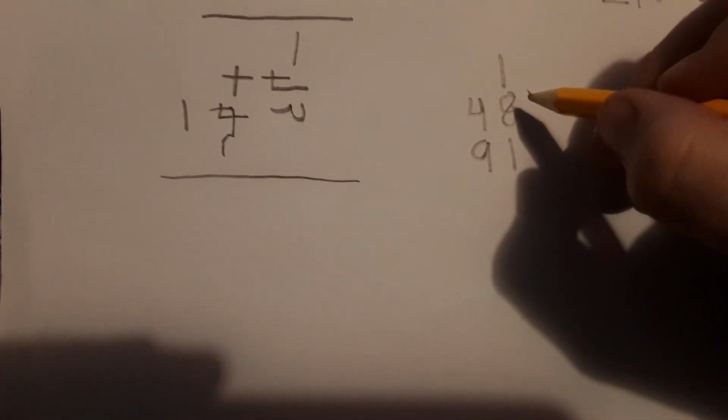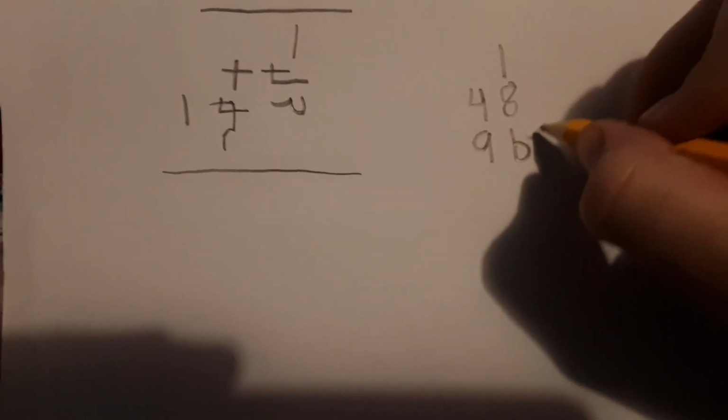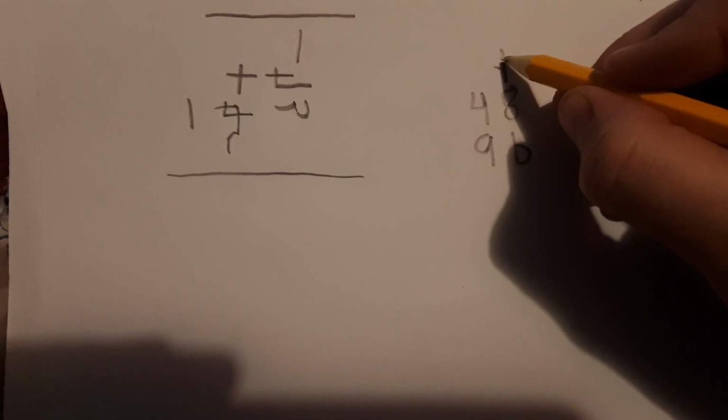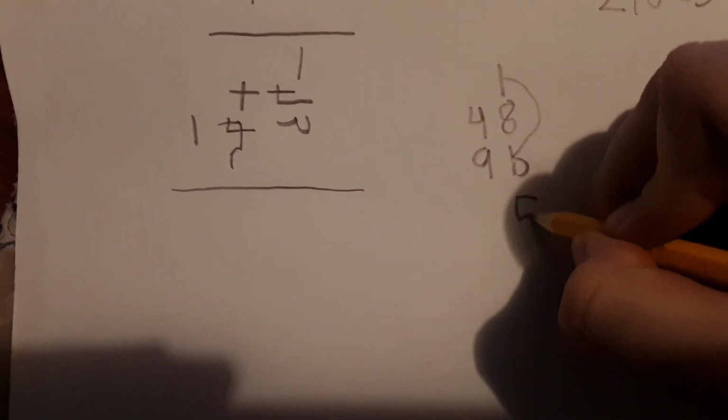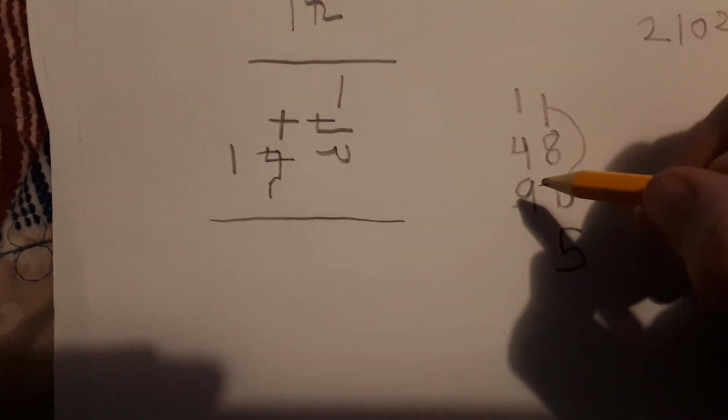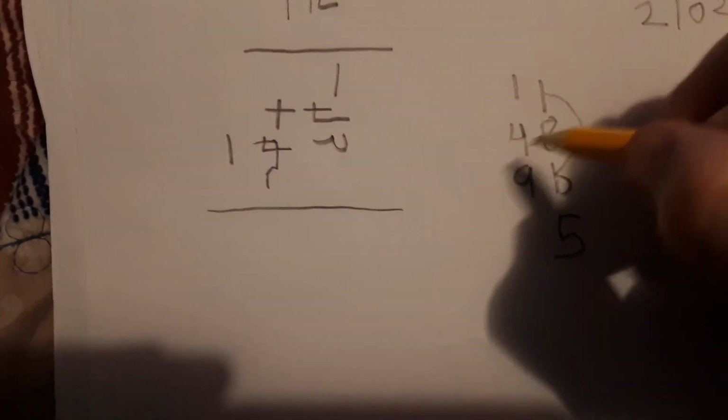And so what we're going to do here, 8 plus 7 is 15. So you carry that 1 here, and then you have 9 plus 5, which is 14.